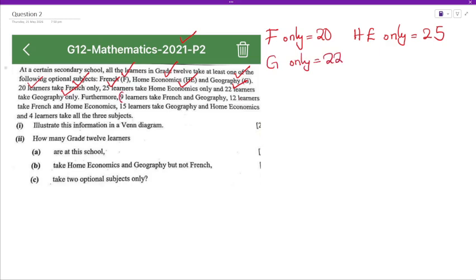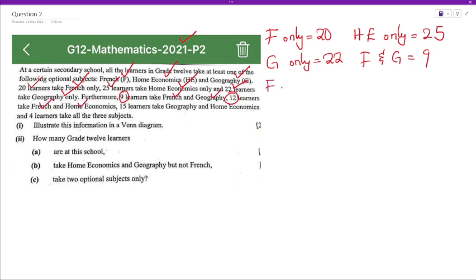And then we're told 9 learners take French and geography. So F and G, French and geography, 9 learners. Then 12 learners take French and home economics.